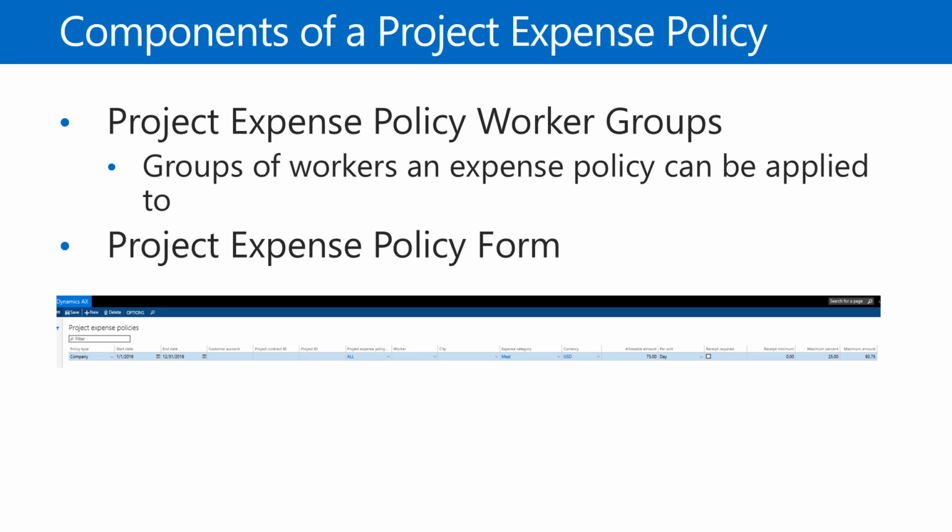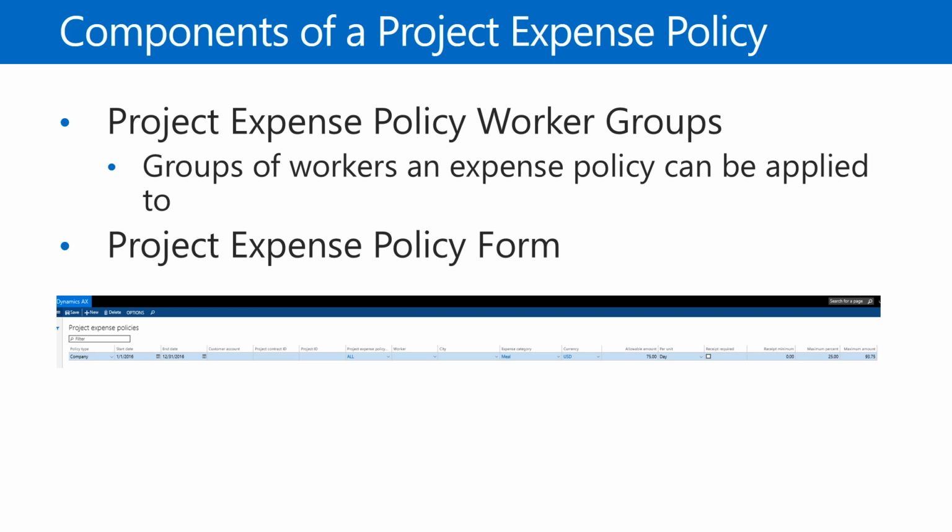So in the example below, we have a policy around the expense category of meals, and you can define those lines at a specific policy type, whether it's at a company level or a customer level. If you do customer, then you can get down to what specific customer, what specific contract, what project. If you do company, you don't define a customer, project, or project contract. You just define what workers it applies to, whether it's a group of workers or a specific worker, and then you can define what cities it's applicable to.